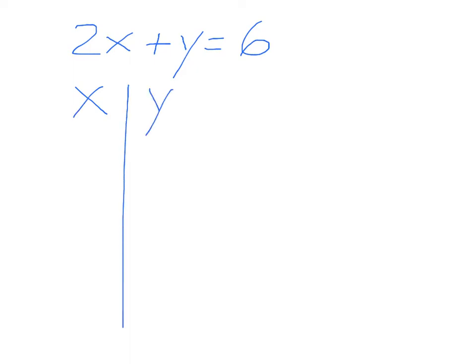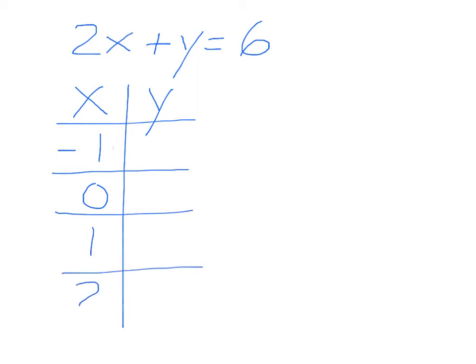Sometimes I may give you an equation that looks like this: 2x plus y equals 6. In this case, it's a little bit harder to find your solutions, but still possible. We're going to use negative 1, 0, 1, and 2.